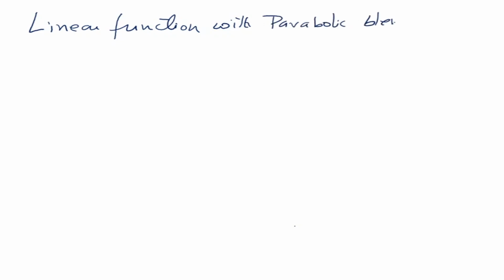This is called a linear function with parabolic blends. What this is basically saying is that a part of it is going to be linear, and a part of it is going to be parabolic.